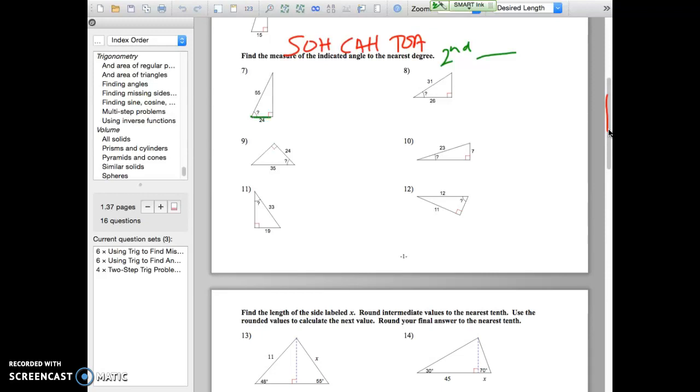This side is adjacent because it's one of the rays that makes up that angle. And this is across from the right angle, so that's my hypotenuse. So if I have adjacent hypotenuse, I'm looking at cosine. So the cosine of x equals 24 over 55.